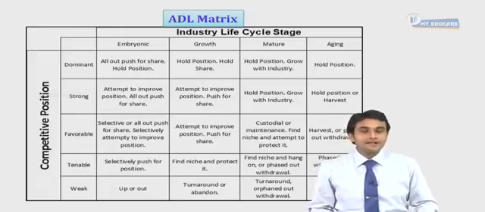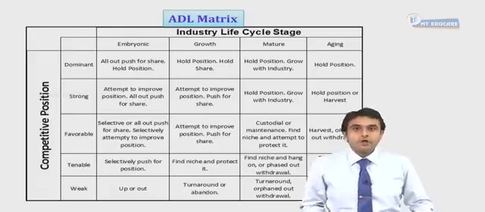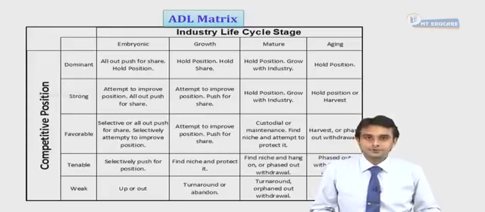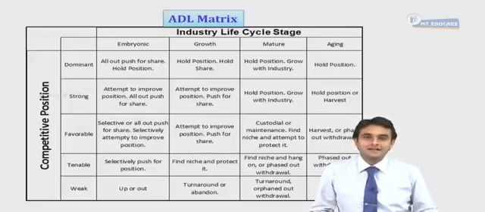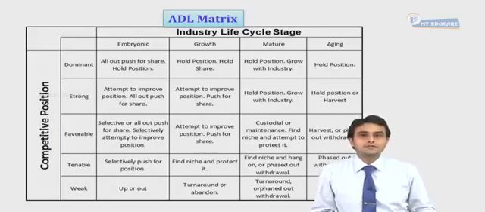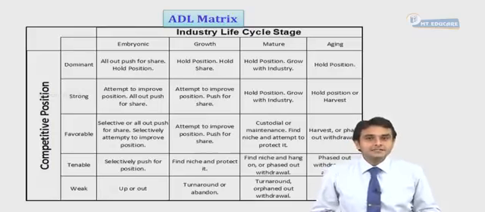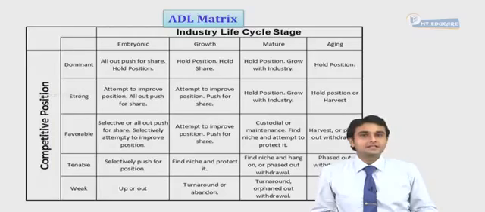So the product may either have a dominant position or a strong position or a favorable position or a tenable position or a weak position. And the industry in which the product is functioning may be at the embryonic stage, which is the introduction stage, or it may be at the growth stage or the maturity stage or the aging stage. Now, on the basis of this matrix, there is something given in each box.